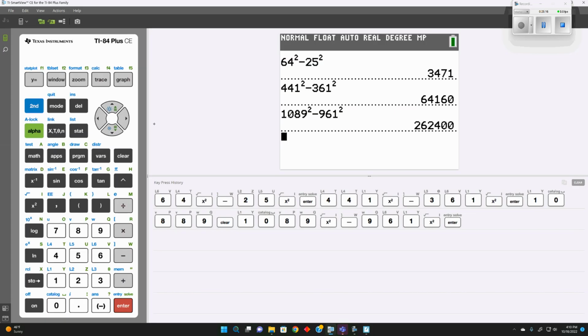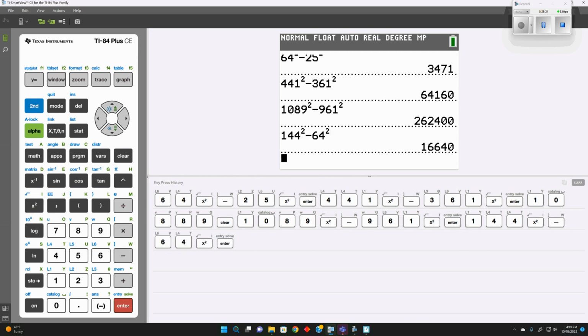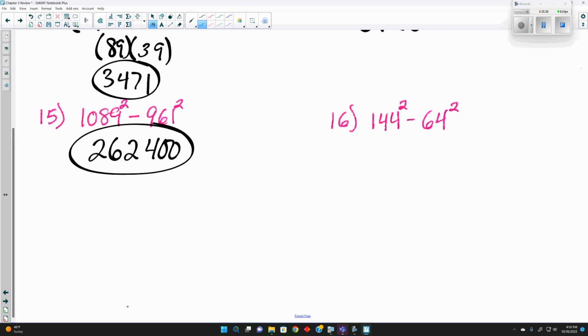And the last one, 144 squared minus 64 squared is 16,640. And that's it for these here. So these here, we really just have to plug them in and solve, and we're done.